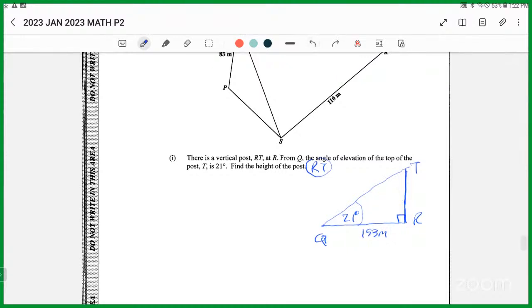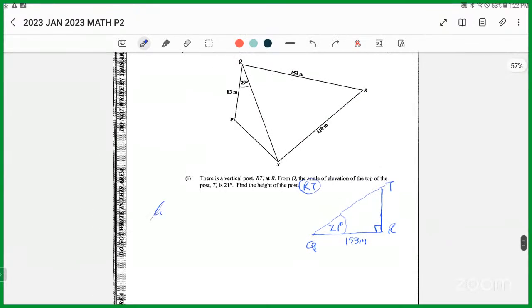We have tan 21 degrees equals RT over 153. Multiplying up, RT equals 153 times tan of 21 degrees.